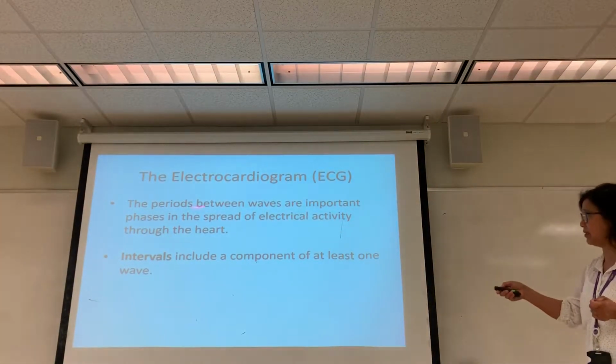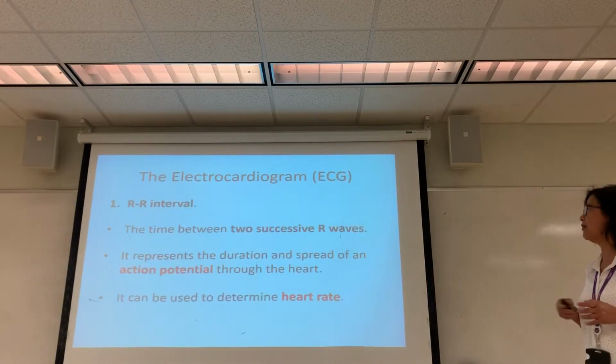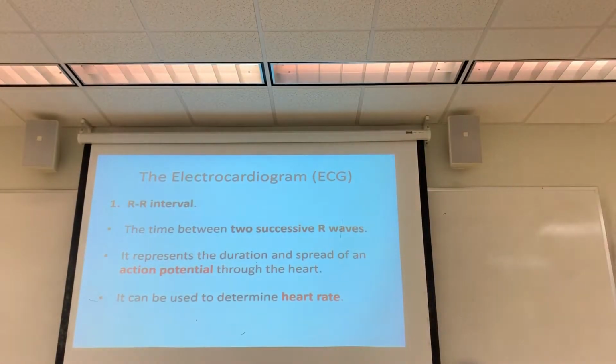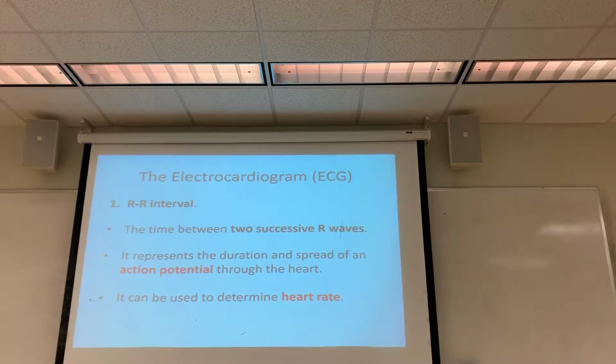With the consecutive periods between waves, we have another interpretation of the EKG: R to R. What is the R to R interval? Two successive R waves represent the duration and spread of the action potential throughout the heart. As I told you, it's one heartbeat here, one heartbeat here.